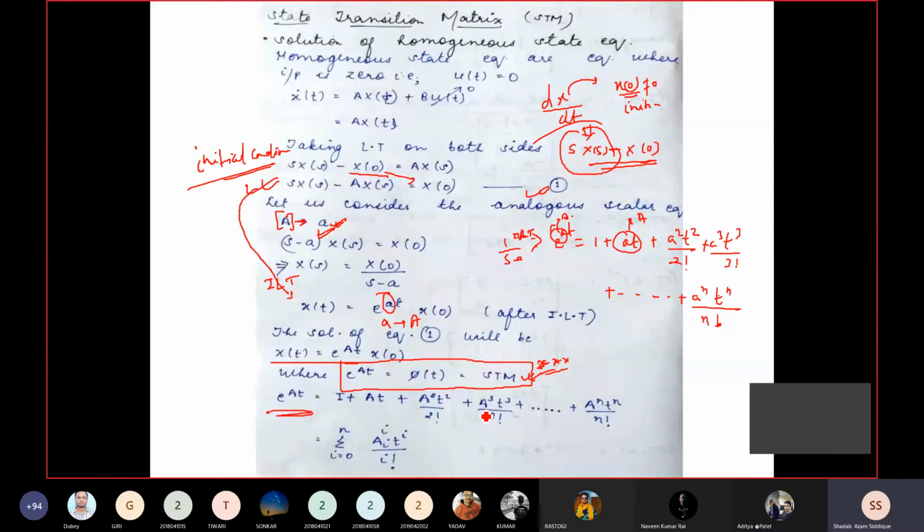So we take the n cross n identity matrix for the first term, because we cannot add the scalar 1 to a matrix.